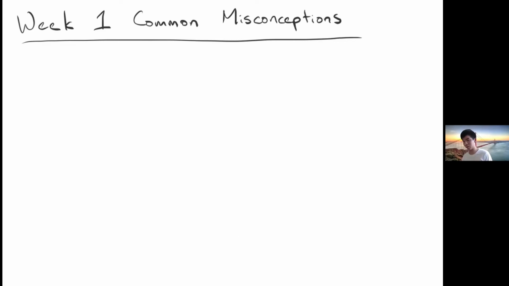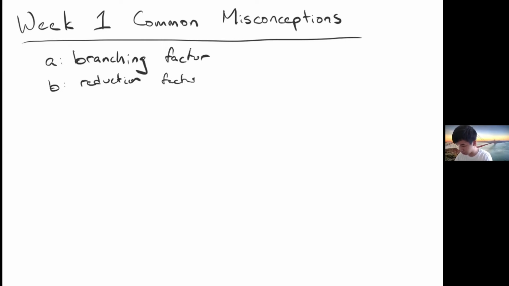Yeah, that's a great question, Avi. So let's remind ourselves of the notation. Here A is the branching factor, which is sort of how many subproblems we create. B is how much we reduce the size of each subproblem from its parent problem, so let's say the reduction factor of subproblems.